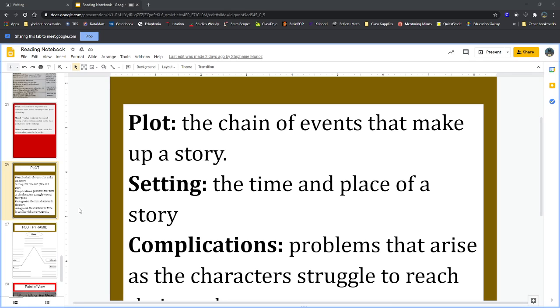The setting is the next word we're going to talk about. The setting is the time and the place that the story is taking place. Okay? So setting has two parts to it. Time and place. When I say time, I don't mean that you have to be super specific.